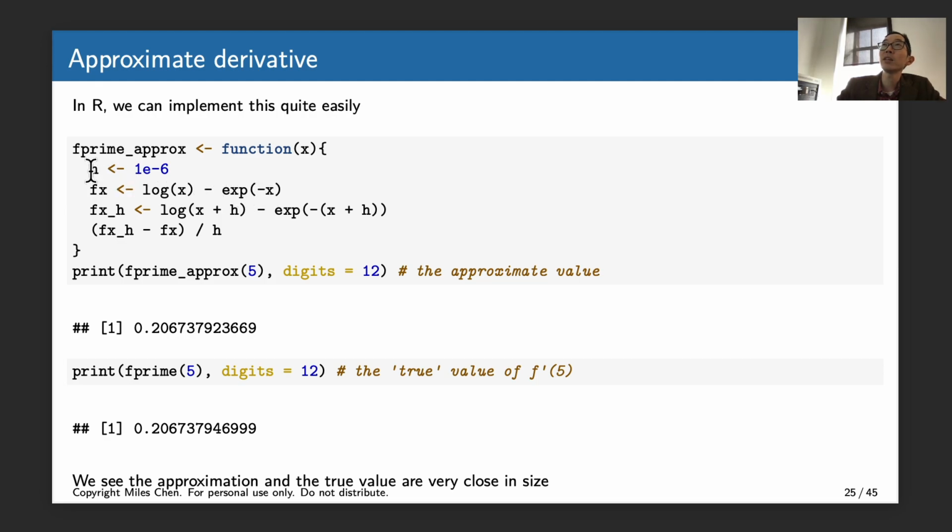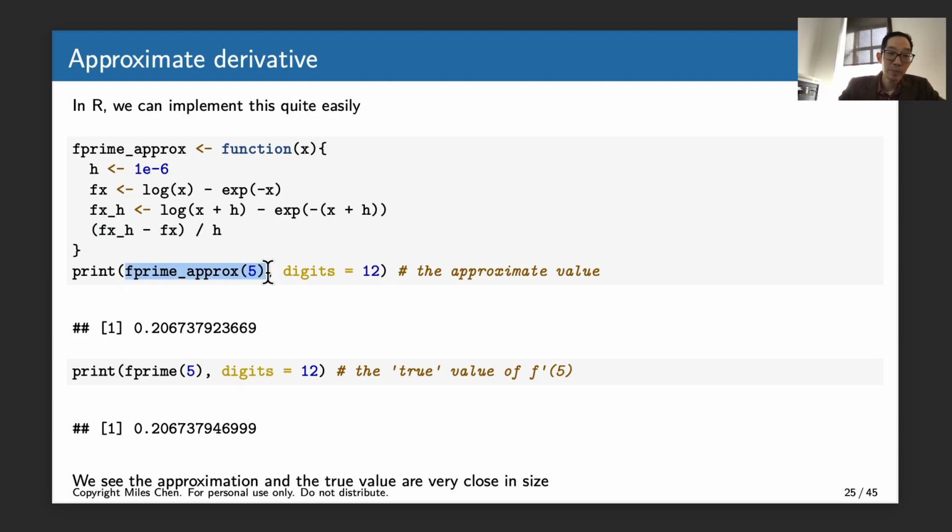And here I'm going to just say h is going to be 10 to the minus 6. I calculate f of x, and then I calculate f of x plus h, which is just going to be log of x plus h, minus e to the negative x plus h. And then I say, all right, what is the difference between f of x plus h minus f of x, and divide by h? This is going to be the value that the function returns.